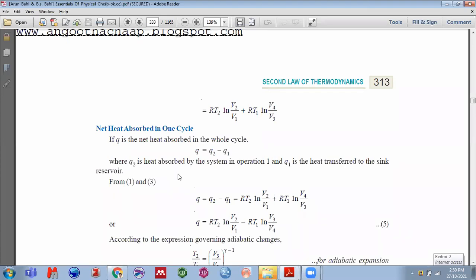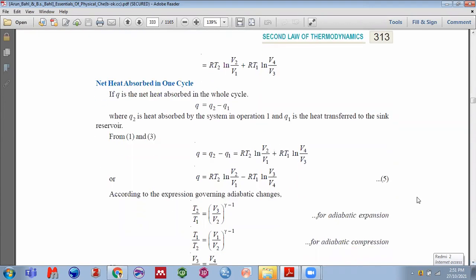From equations 1 and 3, we get Q equal to Q2 minus Q1, that is RT2 ln V2 by V1 plus RT1 ln V4 by V3, that is Q equal to RT2 ln V2 by V1 minus RT1 ln V3 by V4.